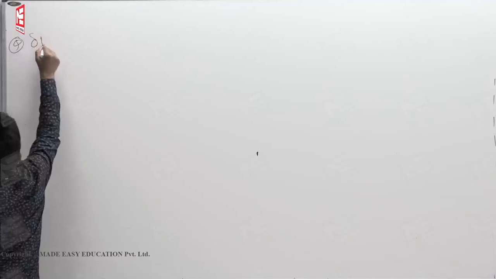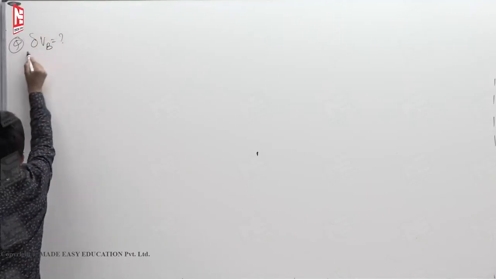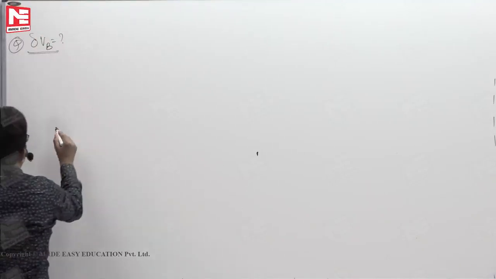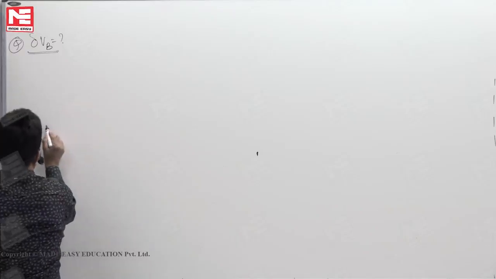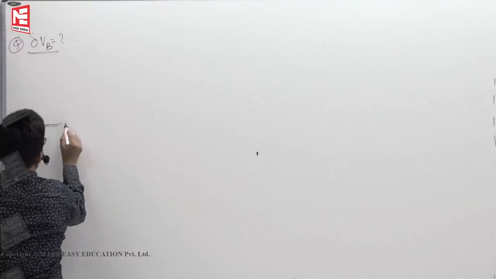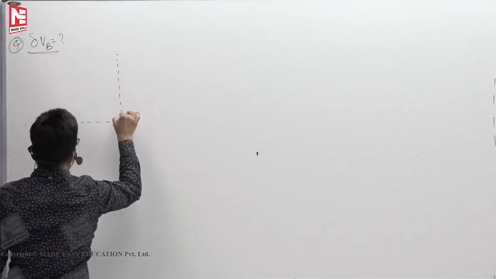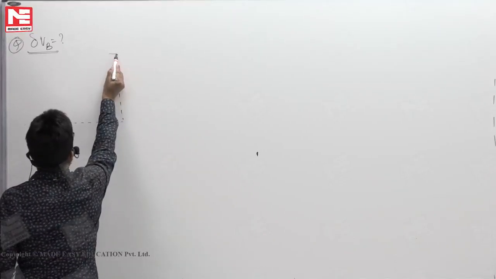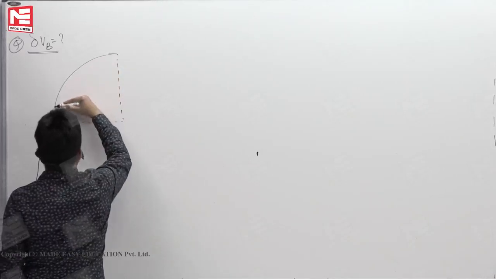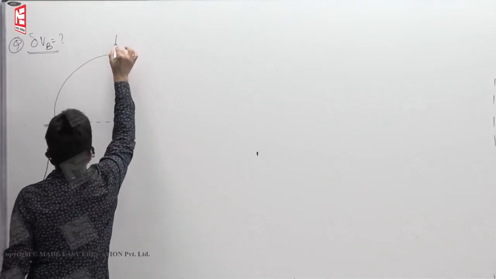Now you see delta, the vertical displacement of B. We will take now a curved member like this.